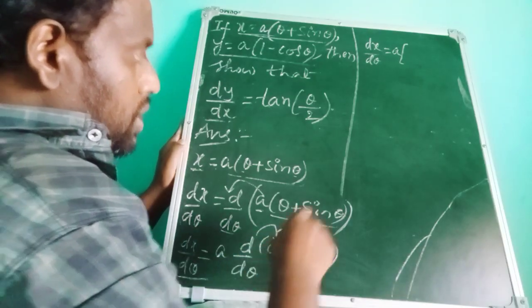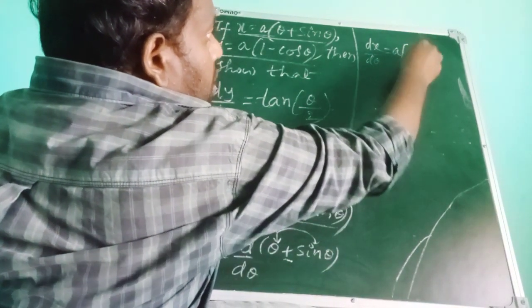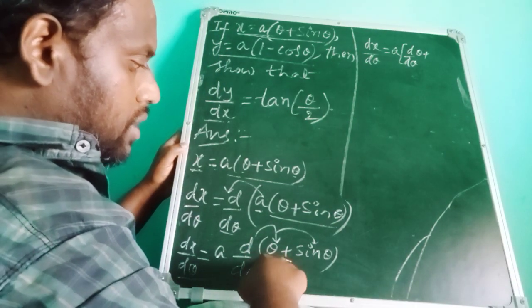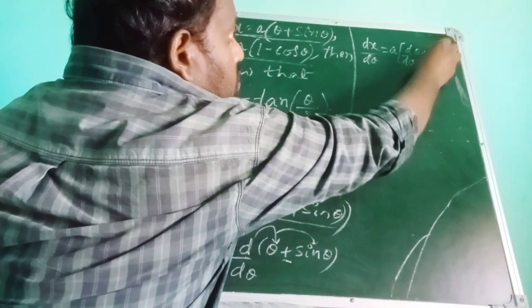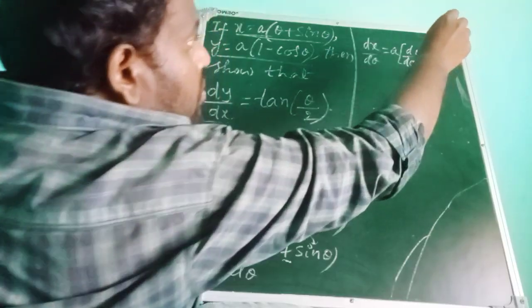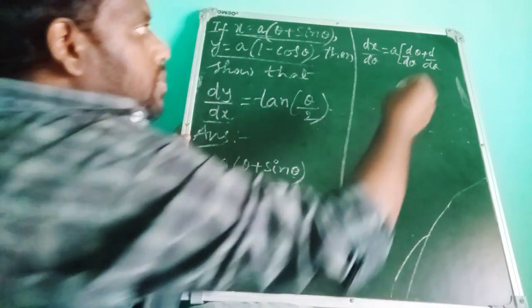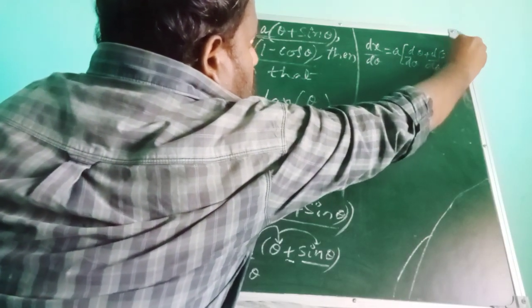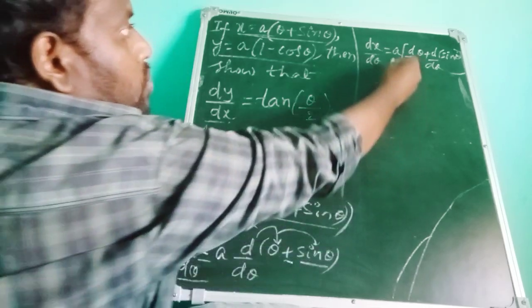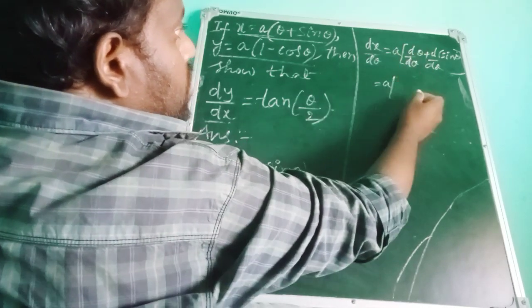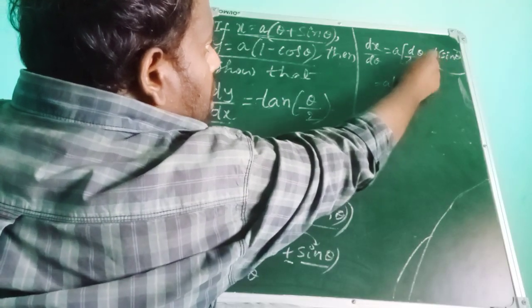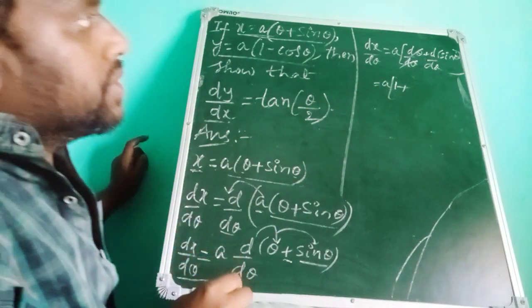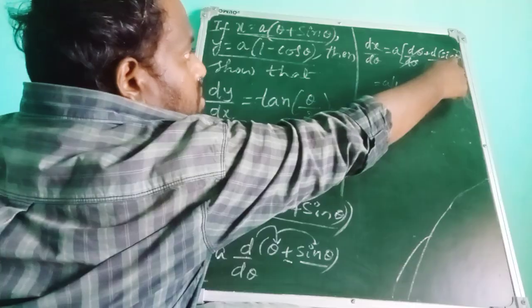So d by d theta of theta, plus d by d theta of sine theta.